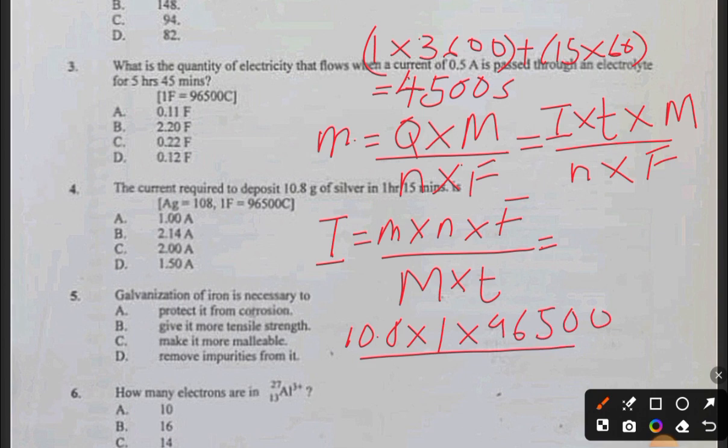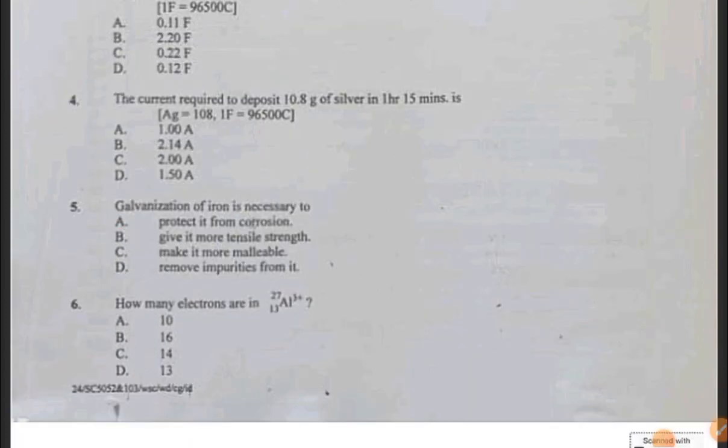The molar mass from the question is 108 gram per mole times the time. The time here is 4,500 seconds. Now, when you do your calculation right, you're going to have 2.14 ampere. That's B. The next question.